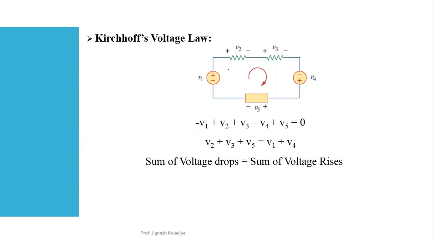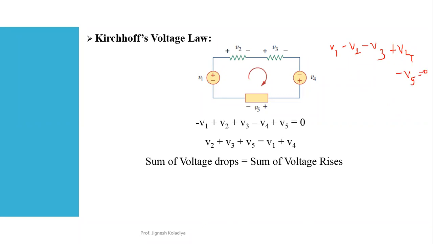So I can write one equation in this way. V1, I'm taking the leaving end as positive, minus V2 minus V3 plus V4 minus V5 equal to 0.